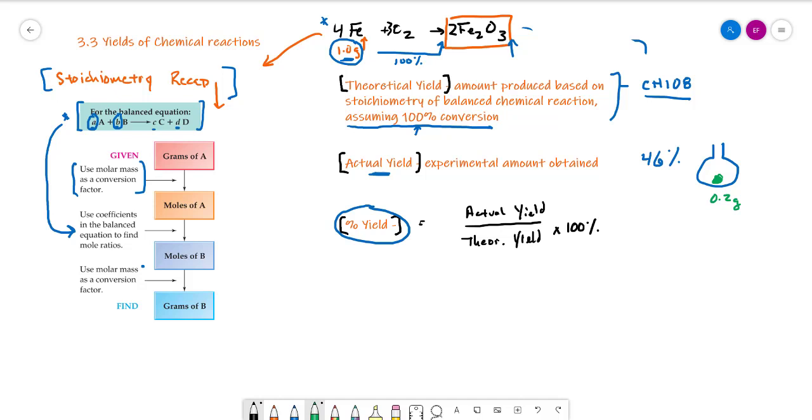So if you did this stoichiometrically and you figured out that, well, I should produce 2.0 grams theoretically if I get 100% conversion, you go through and you actually weigh it out using your actual lab skills. You weigh it out to 1 gram, then you multiply that by 100%. You figure out that really you only got 50% of what you theoretically could have got.